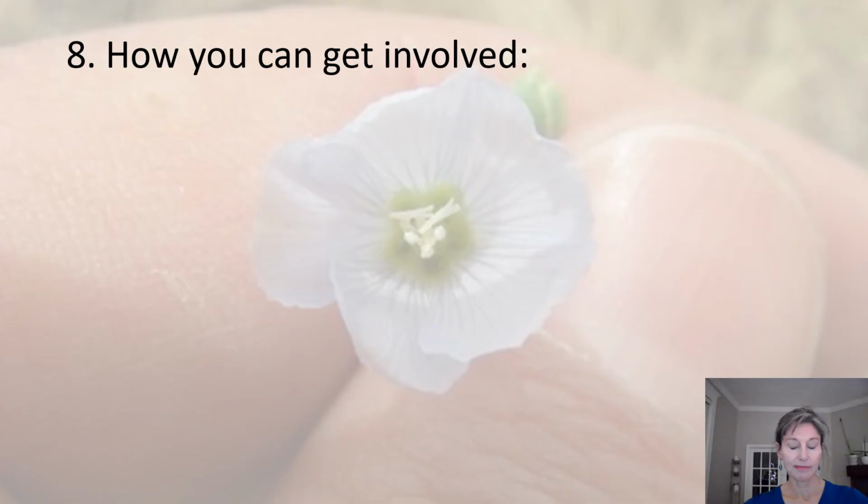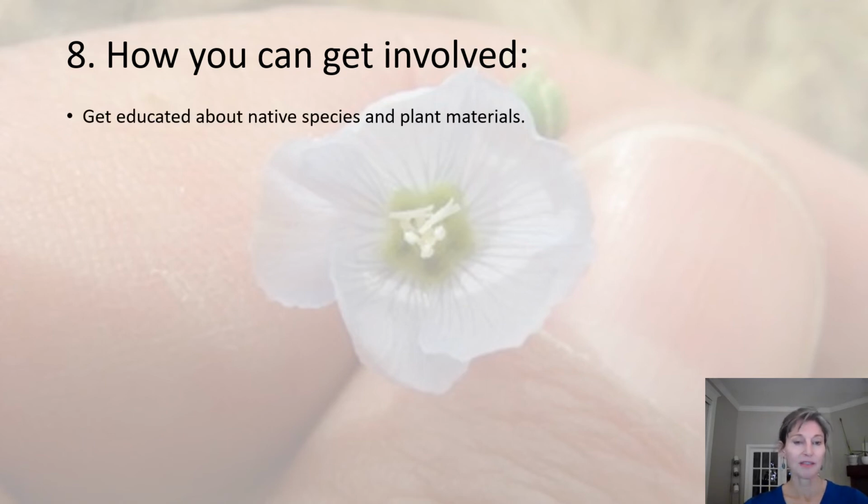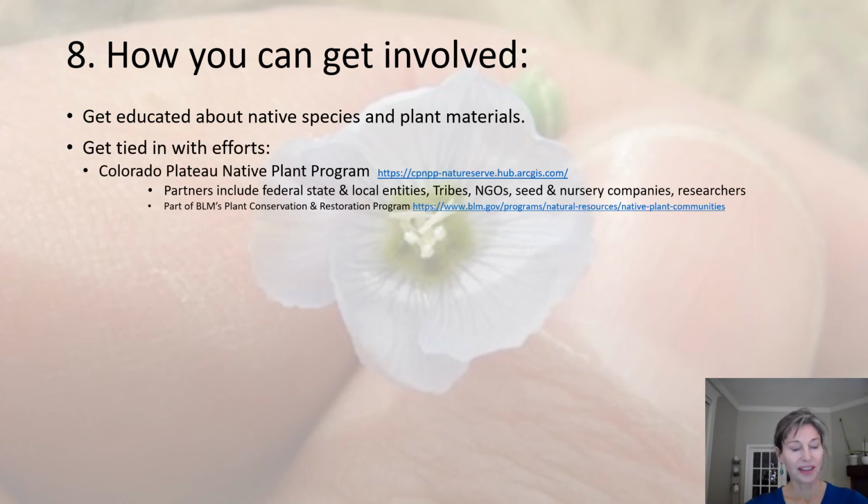So you can get involved in native plant materials development and restoration in several ways. First of all, you want to be educated about your native species and plant materials. Secondly, there are efforts you can get tied into, like the Colorado Plateau Native Plant Program. This is a voluntary partnership.